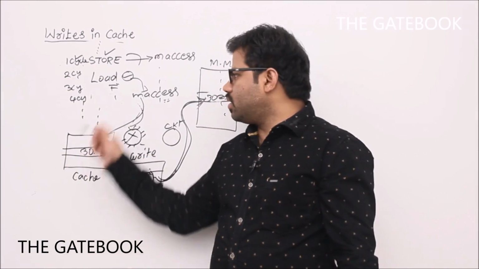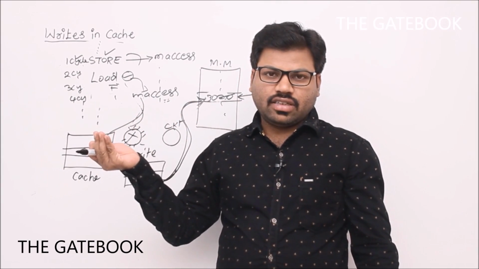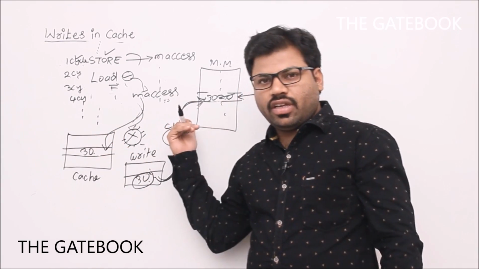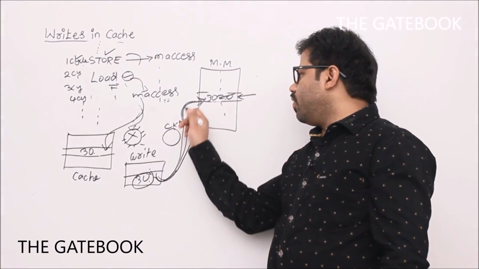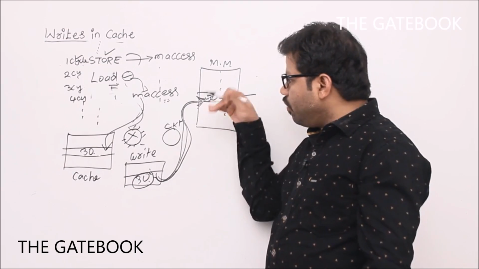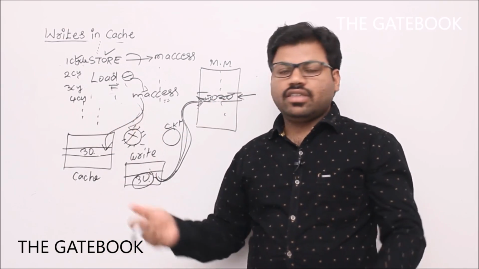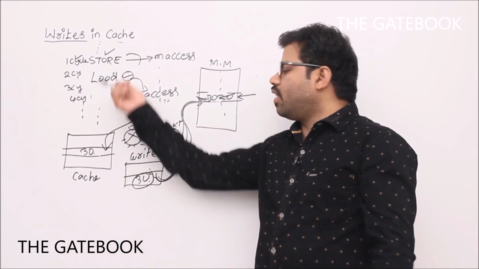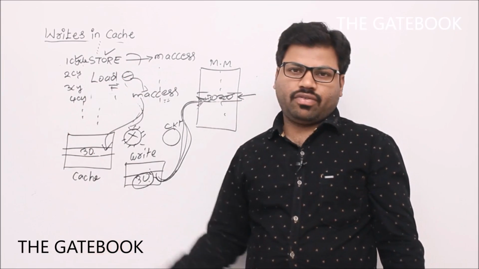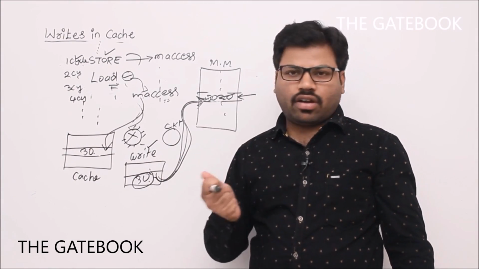The processor continues with the next instructions, and in the next cycles, if no one requires memory, the write buffer will write the data into main memory eventually. If you want the data before that, it's already in the cache, so there will not be any problem. We can even give it from the write buffer. So effectively the write buffer saves us a lot of time.